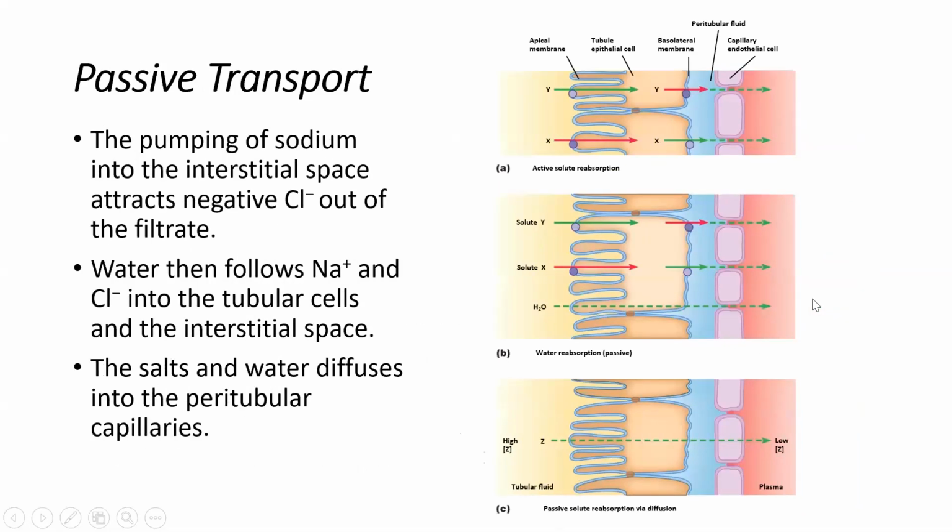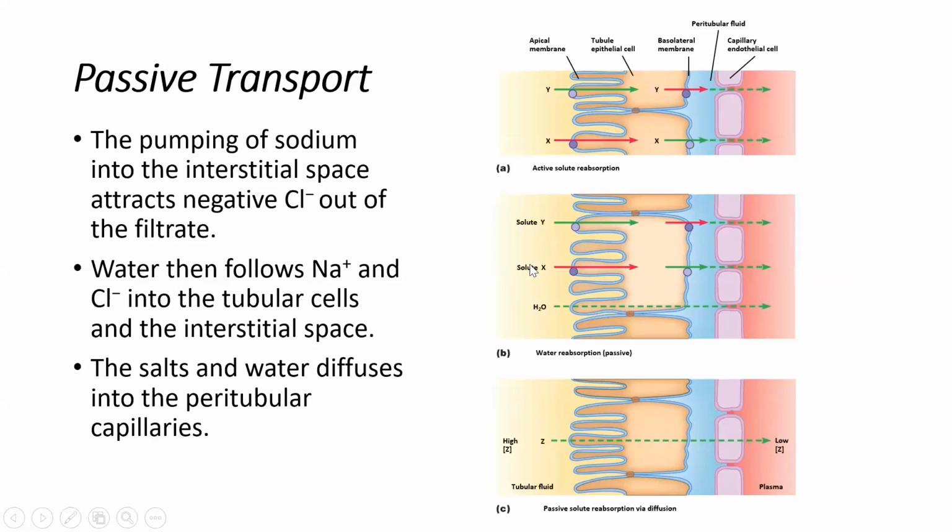The second part of this is the movement of chloride. So this first solute was speaking about sodium. The second solute, solute X, is speaking about chloride. So chloride is at a higher concentration in the cell and a lower concentration in the solute.